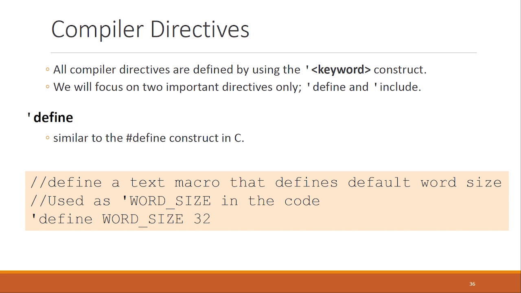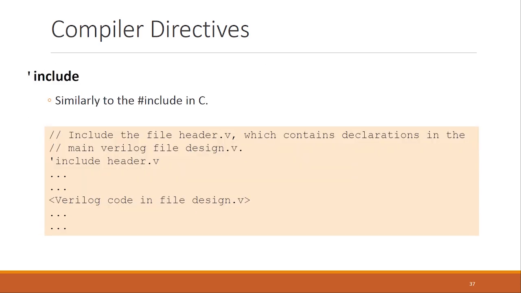And if you want to define a constant named word size and assign value 32 to that, you can use the syntax given in the example, apostrophe define word size 32. And then the other compiler directive we are talking about here is the include directive.